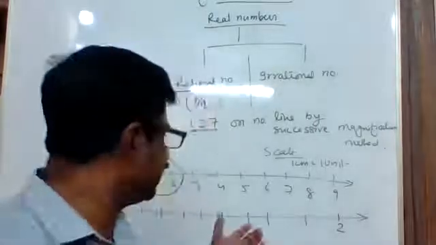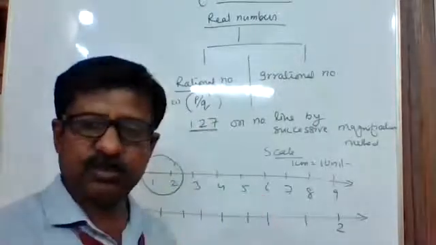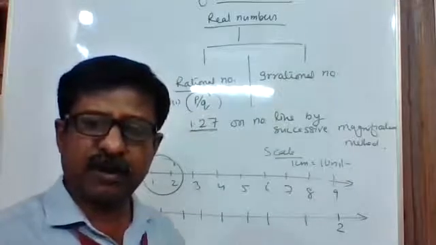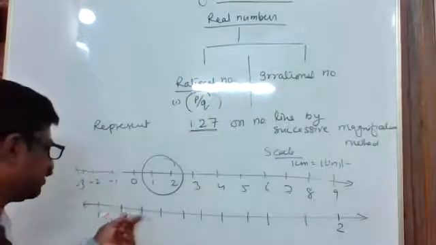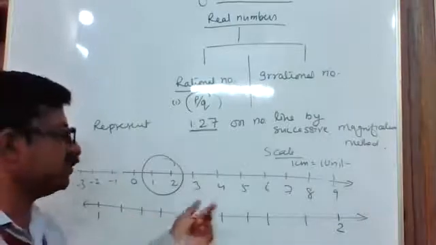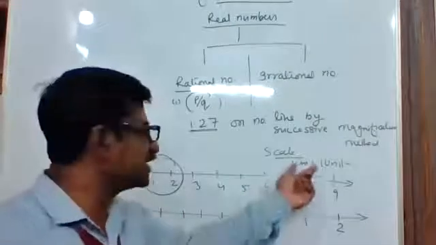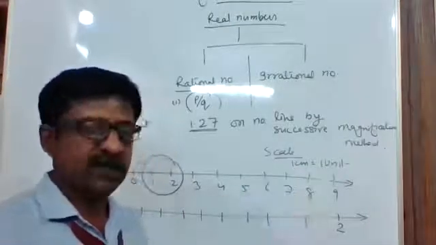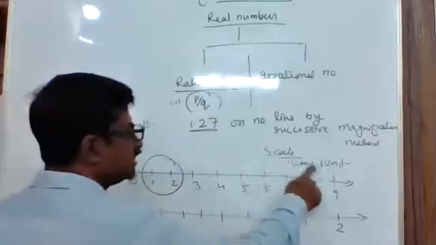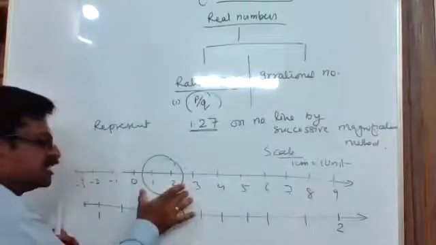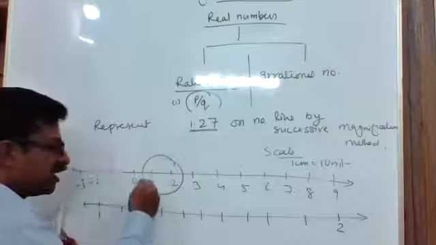I have made a rough diagram. It's your duty to make it in a proper way. The distance should be everywhere 1 centimeter. And you don't have to write the scale every time. We have taken the scale 1 centimeter equal to 1 unit in the beginning itself. And we are using the magnifying glass.